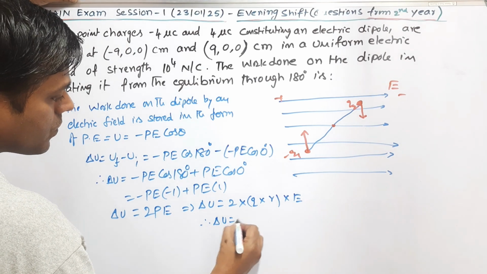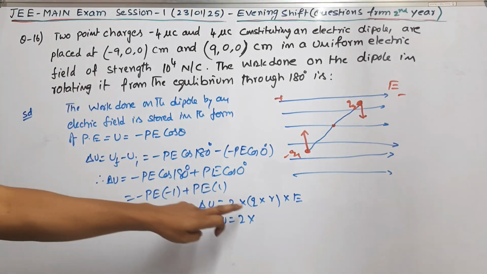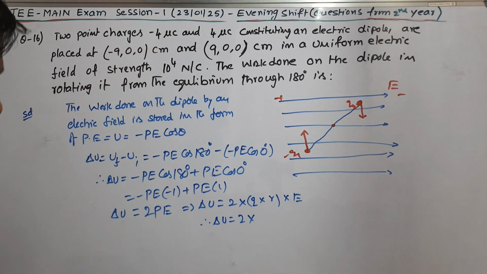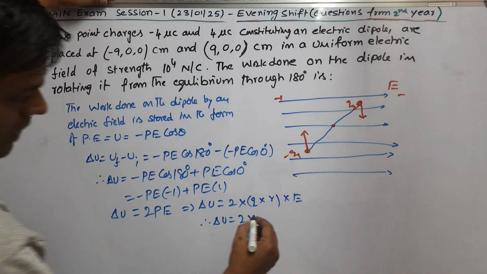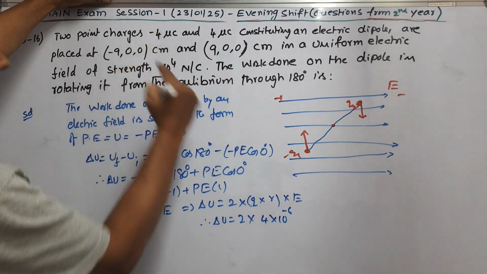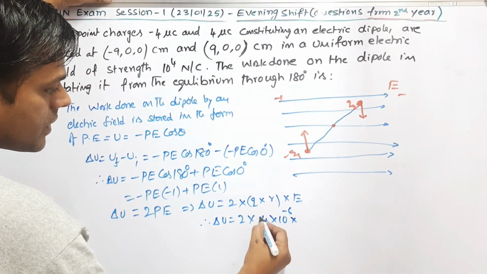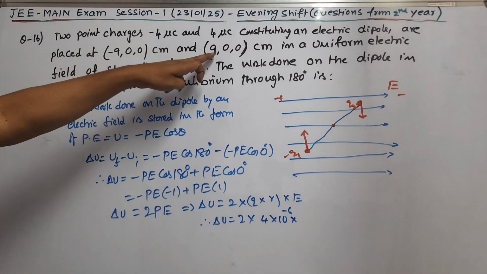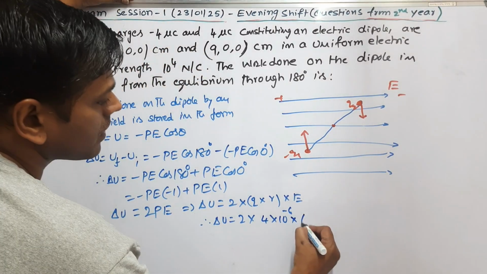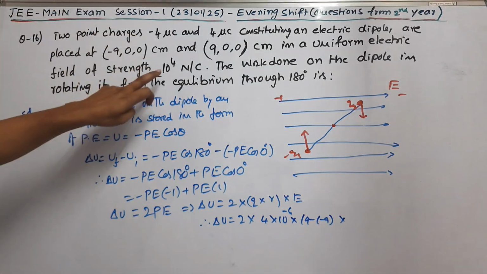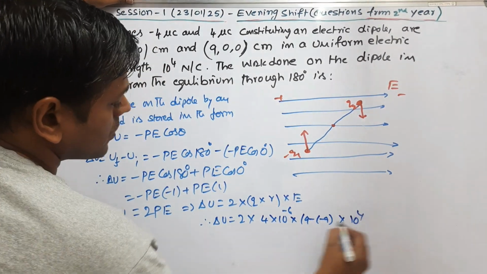Therefore, delta U is equal to 2 into the charge of either one, Q1 equal to minus 4, Q2 equal to 4, so I take 4 into 10 power minus 6, because micro means 10 power minus 6, into R. R is the separation distance between these two, 9 minus of minus 9, into electric field intensity 10 power 4.